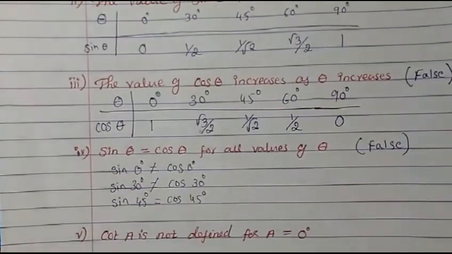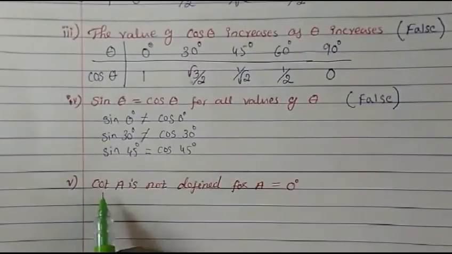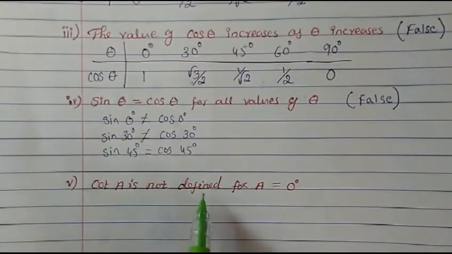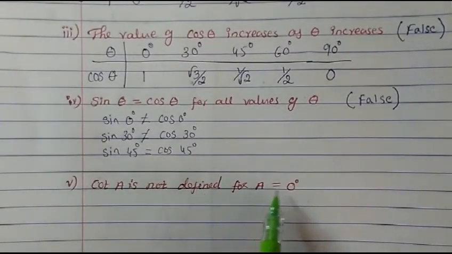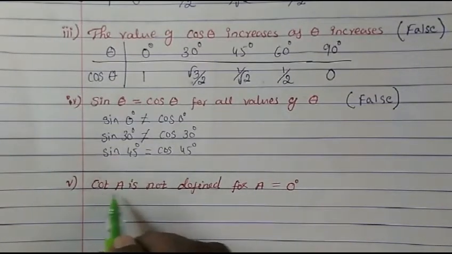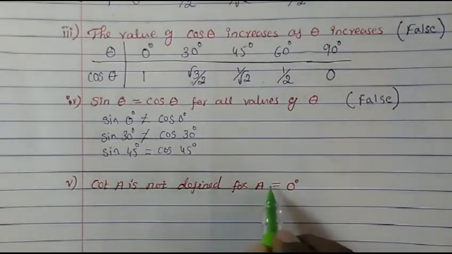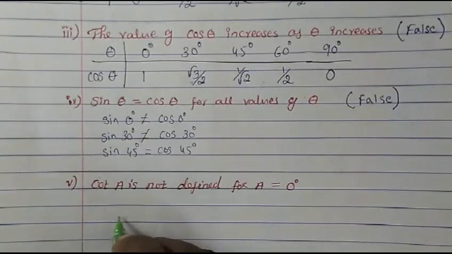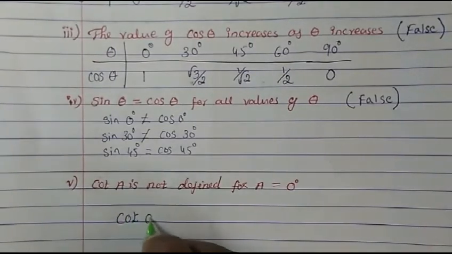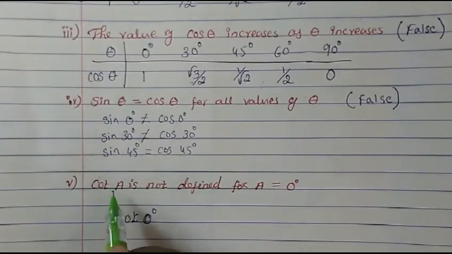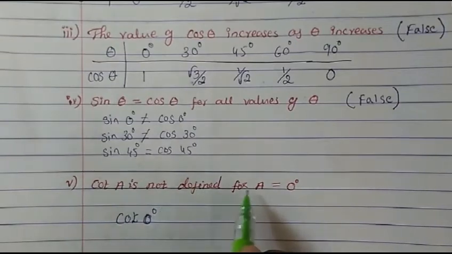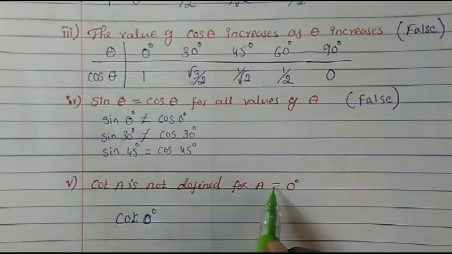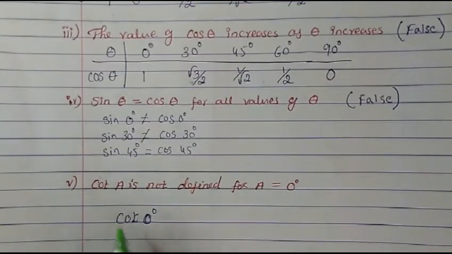Now the fifth part. Cot A is not defined for A equal to 0 degree. So cot A means when A is 0 degree, that means cot 0 degree. Cot A is not defined for A equal to 0 degree, meaning to say that cot 0 degree is not defined.